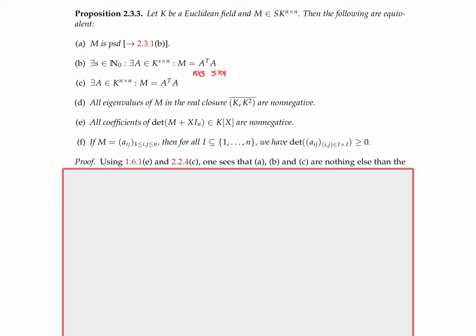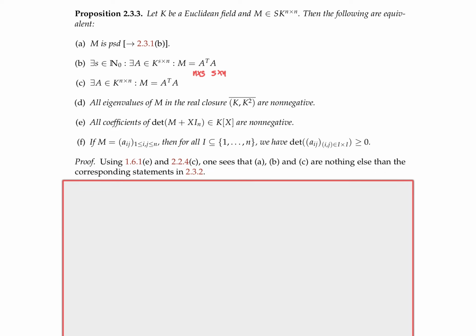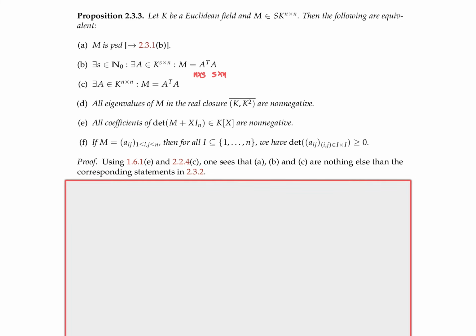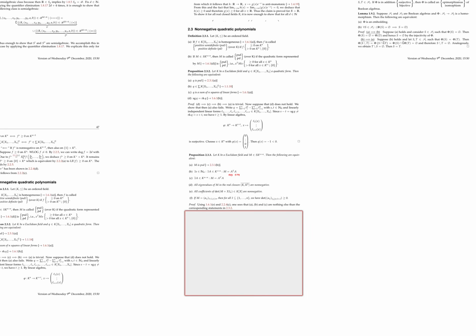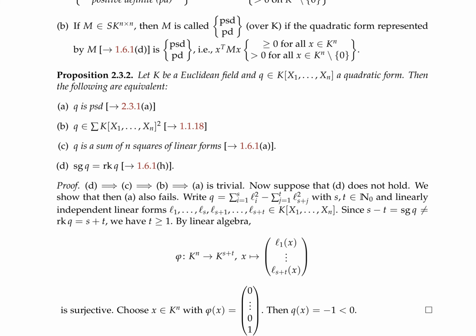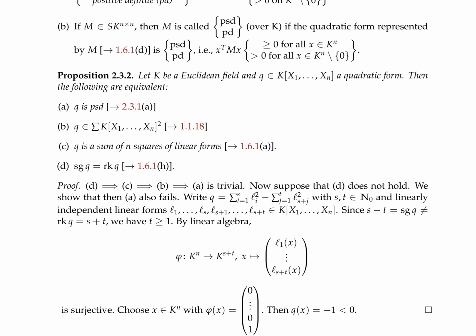So a key thing is 2.3.2, what we just did. For quadratic forms, we have seen these equivalences.